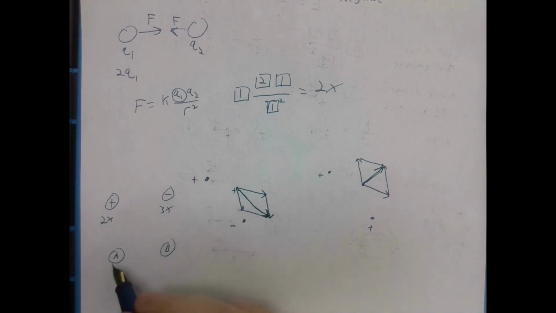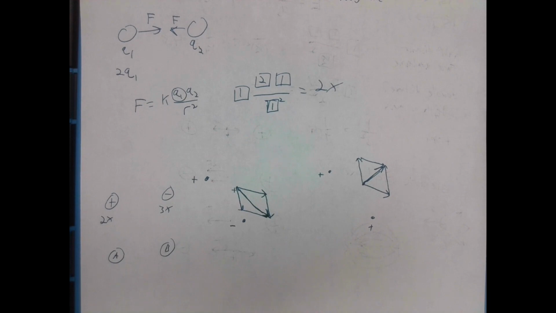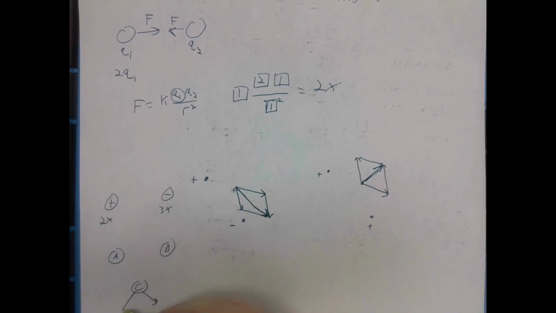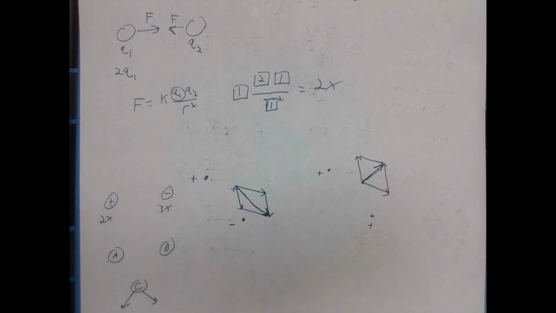You just know that they are the same as A. What about this scenario? Let's say that A repels C and B repels C. What do you know about A and B? Still the same charge.